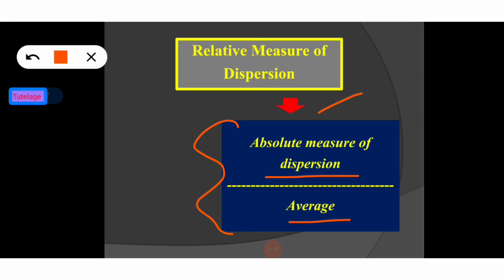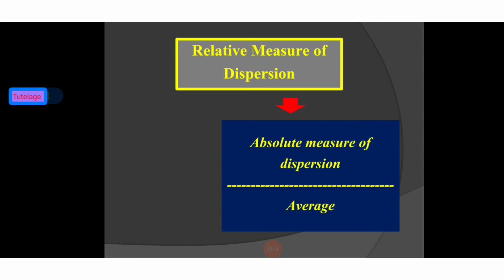So this is a ratio, and it is known as the relative measure of dispersion. I think this is clear. So now move on to the next.